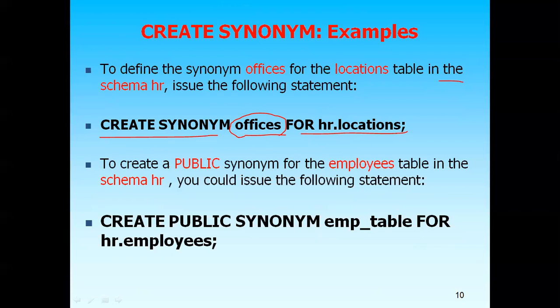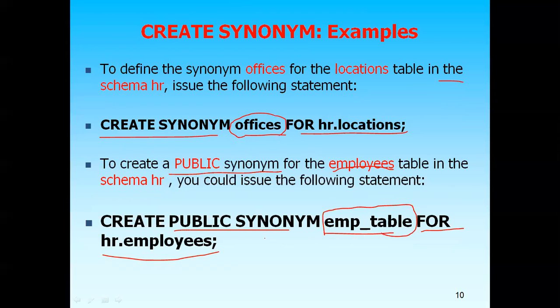And how can you create a public synonym here? So for a public synonym, this is the syntax. We can discuss with the employee table. Create public synonym employee_table for HR.employee. Again, employee is the table defined under the HR schema. So the synonym we are creating with the name employee underscore table, a simple name that can be used by the users, right?